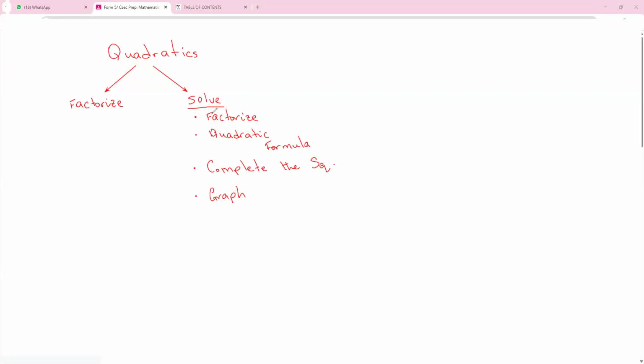Now, in order for us to go through these, I must first go over factorizing a quadratic. So I'll go over factorizing a quadratic in this class.